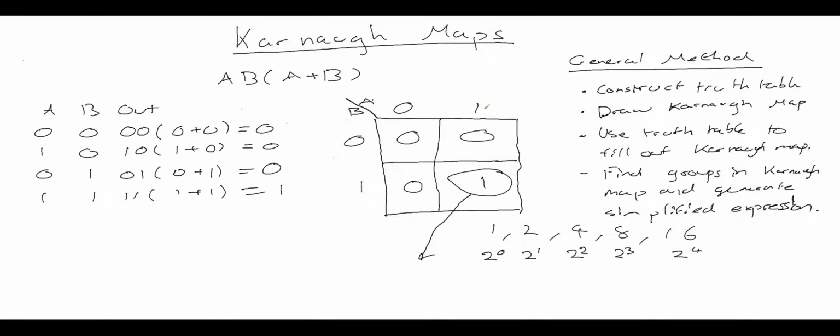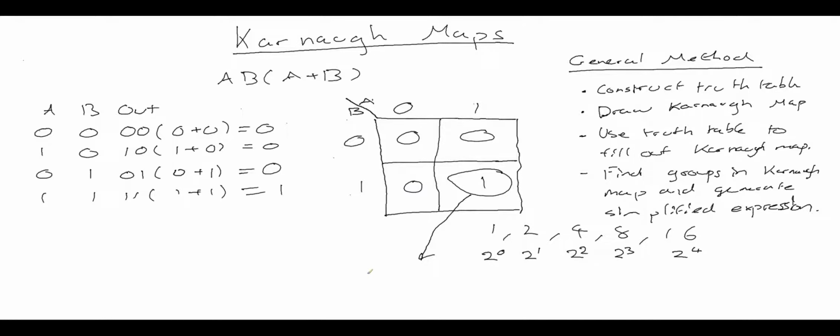And what we have to do to get a bit of our final simplified Boolean expression from a group is look at, on the axes of the Karnaugh map, what is common about all the cells in the group. So because in this group there's only one cell, we can see that what is common about both of the axes is that A and B are both 1.